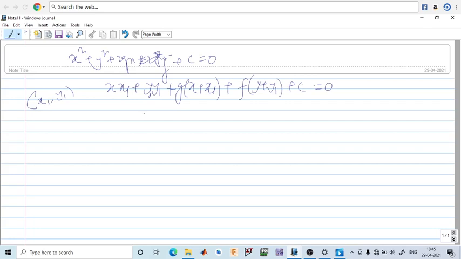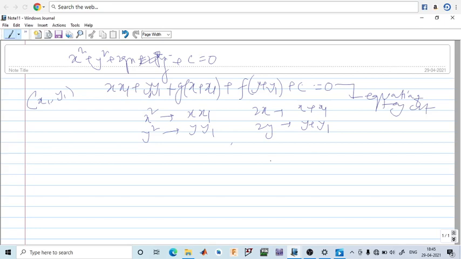That is, x square is getting converted to xx1, y square is getting converted to yy1, 2x is getting converted to x plus x1, and 2y is getting converted to y plus y1. So this is the equation of tangent, right? Equation of tangent.